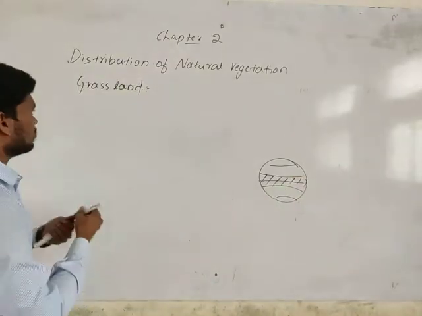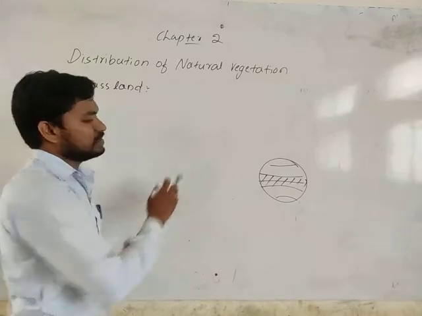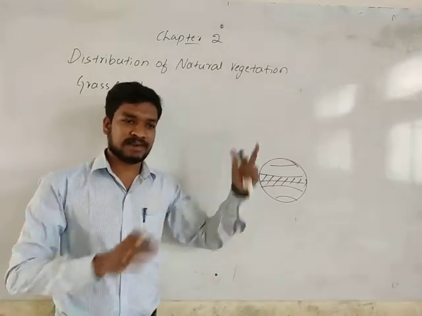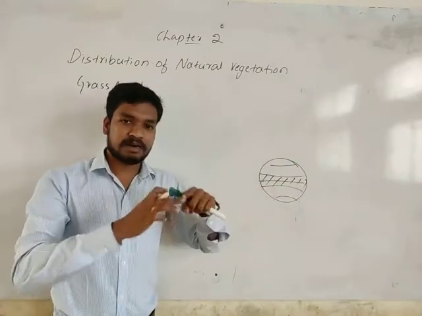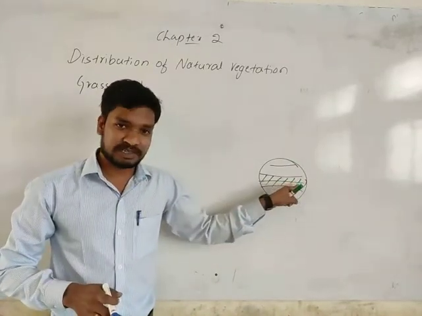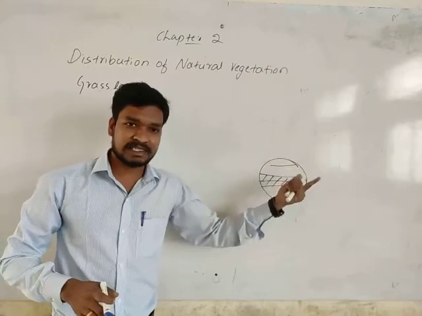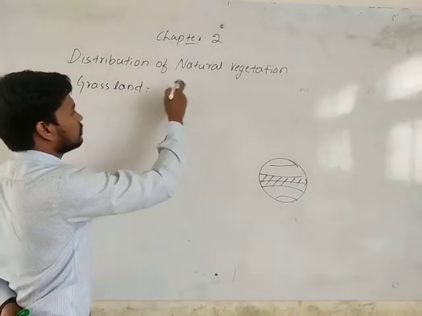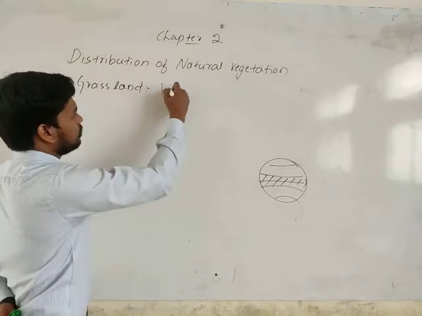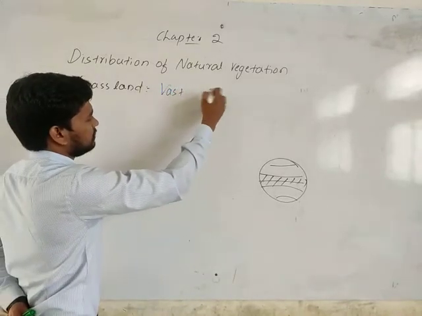That's about grassland. We can see most grassland areas in other countries. Why not in India? Because the landmass of India lies in the tropical region, and part of it lies in the subtropical regions. So the vast area of the region.